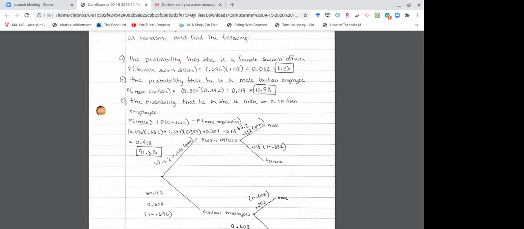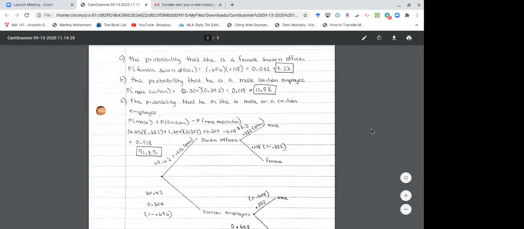So you're taking out the overlap, and we end up with 0.696 times 0.882, which is the male sworn officers, 0.304 times 0.392, which is the civilian male population, and then we're removing the male civilian population to get our final answer, which is 91.8%. Okay, so that's a little bit about that.